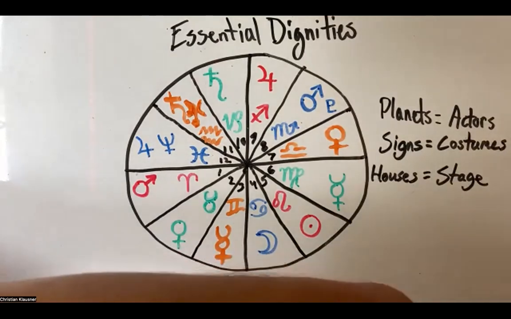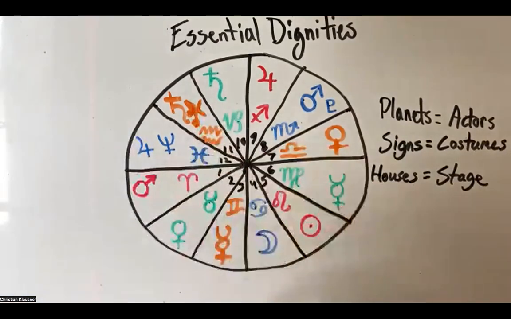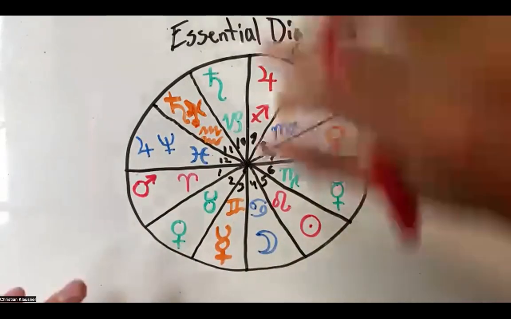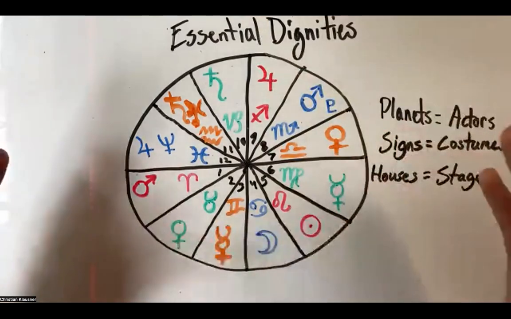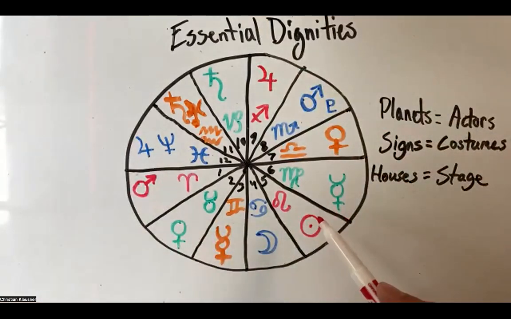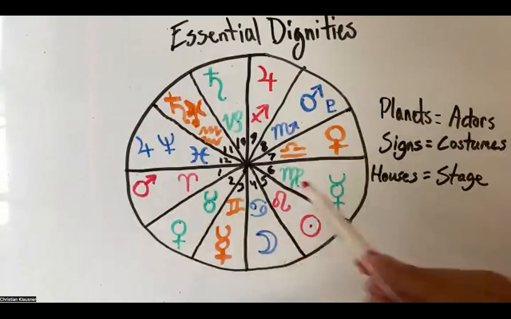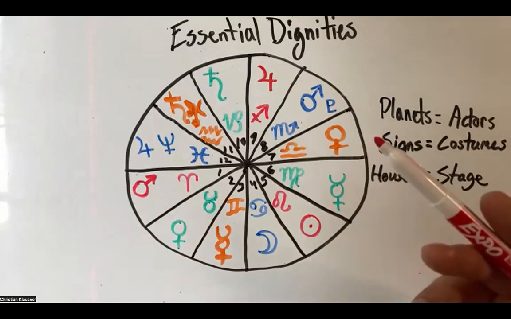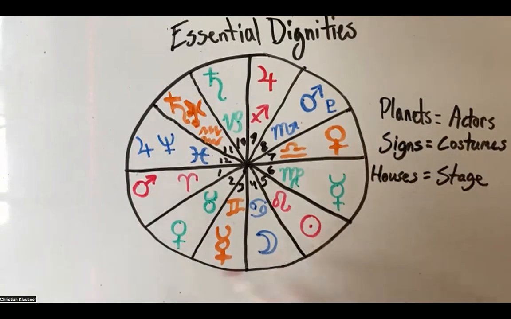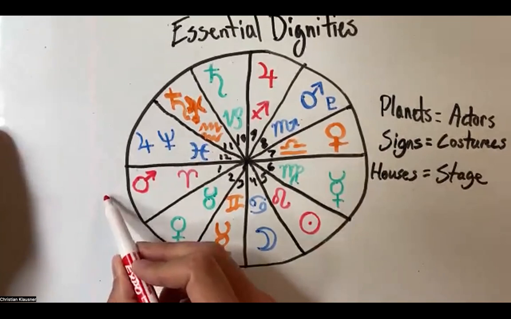Exalted just means it's a special guest in that sign. It gets special treatment when it's in that sign. It has a dimension of being able to express itself very fully. If you were born with a planet in exaltation, it means that planet has natural strength to it. Okay, so the sun is exalted in Aries.